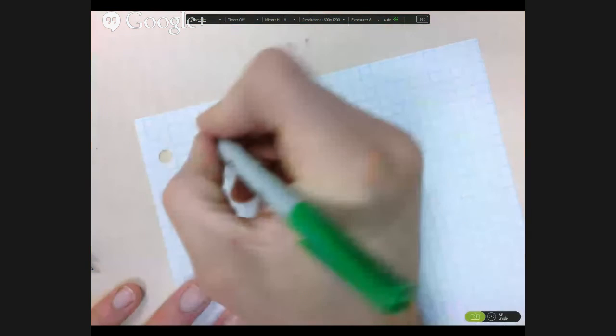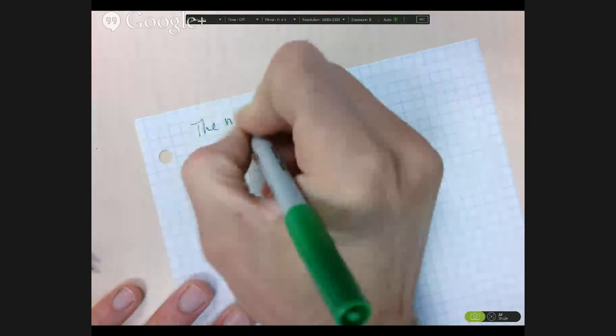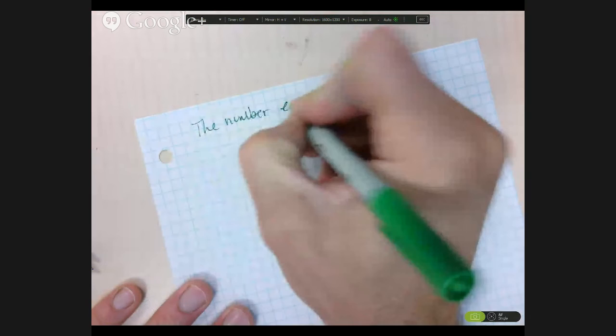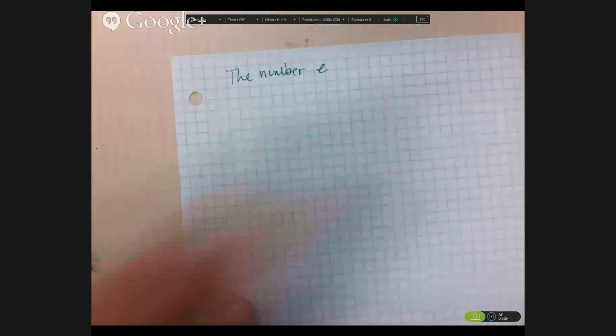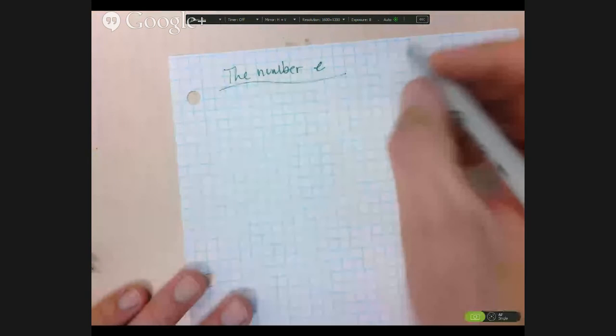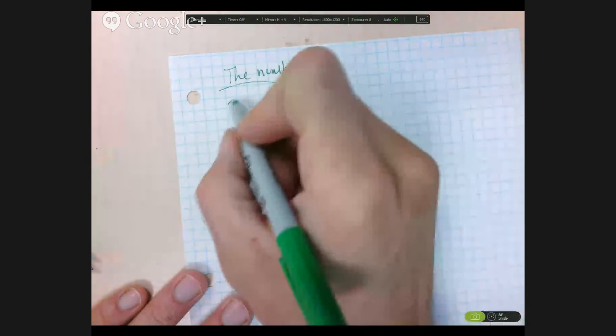Finally, the number e. You're going to love the number e. You would say, hey, that's a letter. Yeah, it's a letter, but it's also a number. It's kind of like pi.